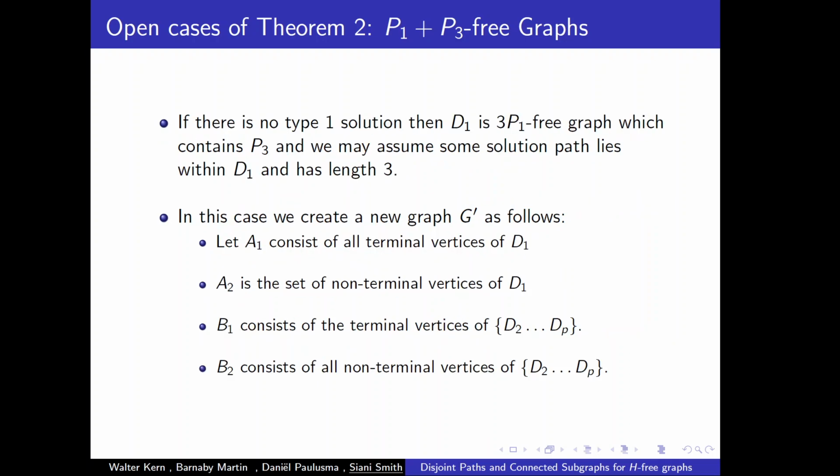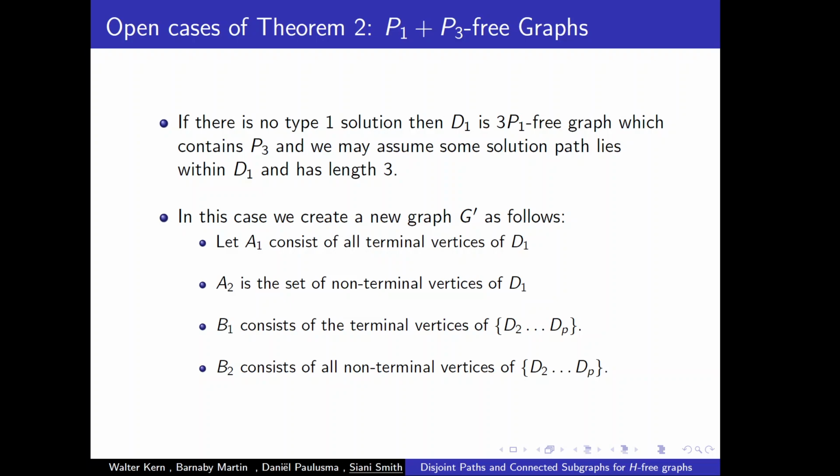Otherwise, if we don't have a solution of type 1, we know we must have some solution contained in D1, which is a path of length 3. And in this case, we create a new graph G prime as follows.